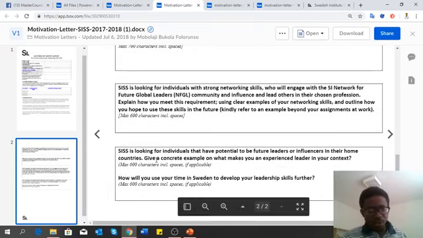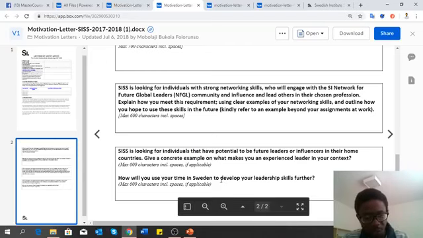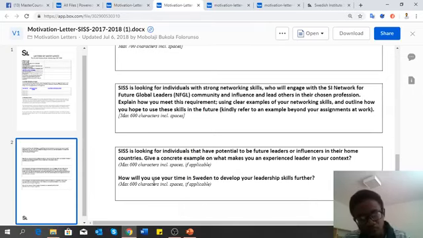And the last question says, SISS is looking for individuals that have potential to be future leaders or influencers in their home countries. Give a concrete example of what makes you an experienced leader in your context. How will you use your time in Sweden? The second part of this question says, how will you use your time in Sweden to develop your leadership skills further?